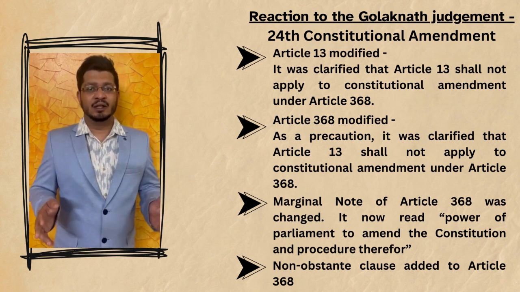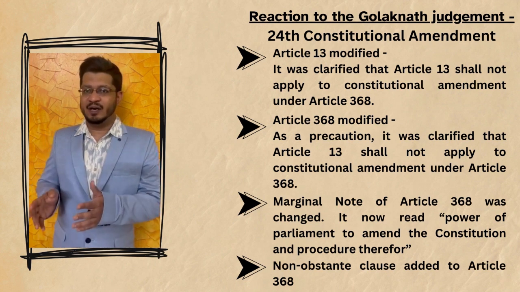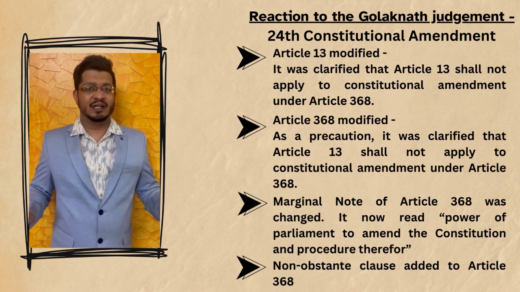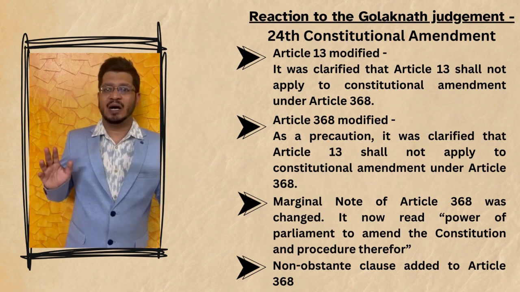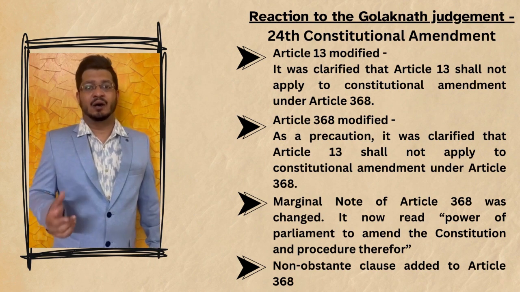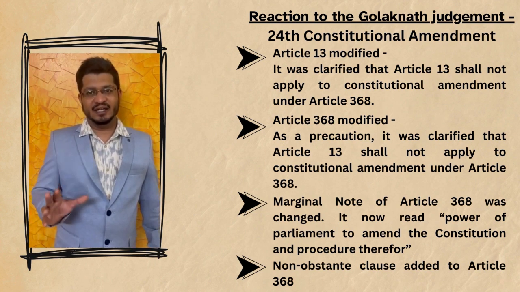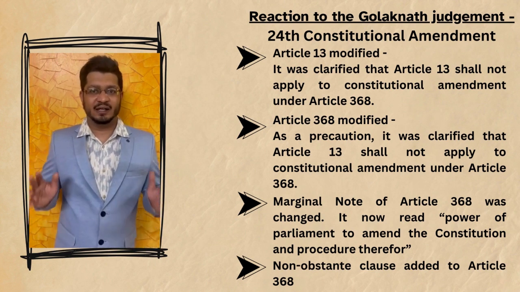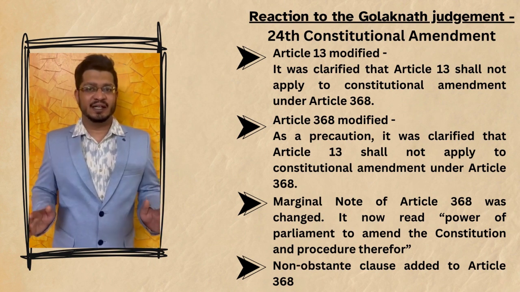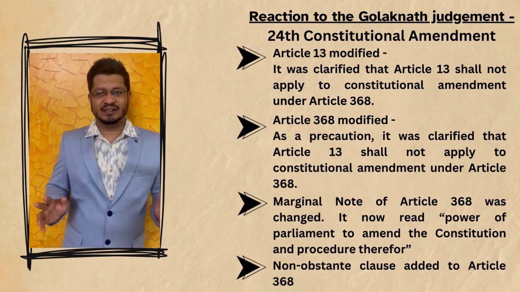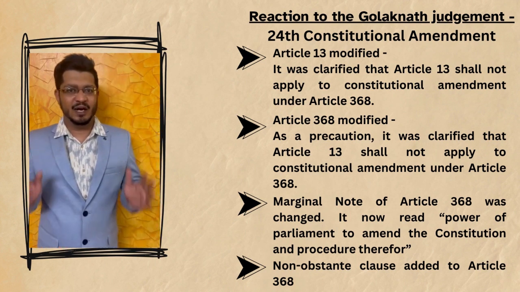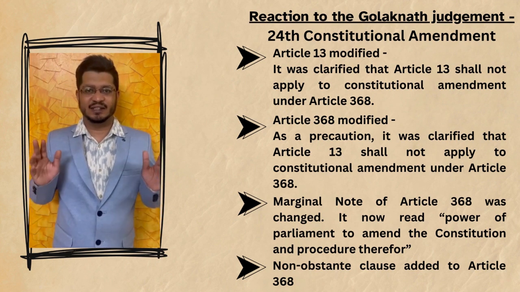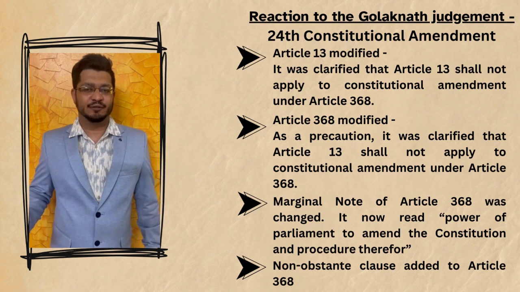Now it was changed to power of the Parliament to amend the Constitution and procedure therefor. Therefore, it was clarified that the power of the Parliament to amend the Constitution emanated or originated from Article 368 itself. And finally, number 4, a non-obstante clause was added to Article 368. We shall discuss the impact of this 24th Amendment when we discuss the all-important and the famous case of Keshavananda Bharati in the next few slides.